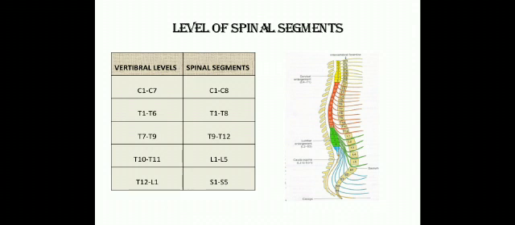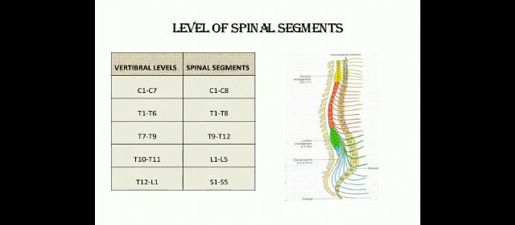So, the level of the spinal segments varies because the vertebral column length is more, but the spinal cord length is less. So, according to the number it won't coincide. Here in this table we can observe the vertebral level at C1, C7, and the spinal segments corresponding to that level are C1 to C8.